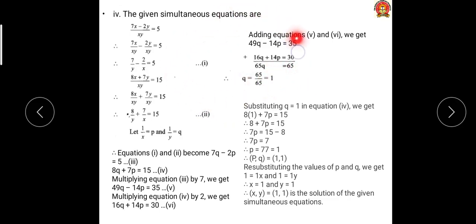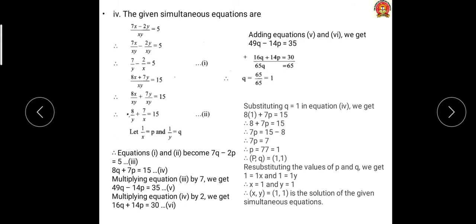Now substitute the value of q in any equation, you will get the value of p, that is 1. So 1 and 1, this is not the solution. Again we have to resubstitute the value of p and q in terms of x and y. So 1 is equal to 1 by x and 1 is equal to 1 by y. So x is equal to 1 and y is equal to 1 is the solution of the given simultaneous equations.